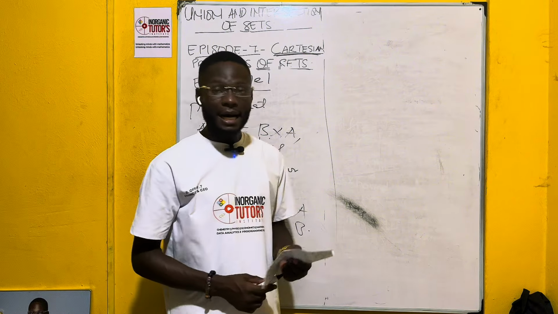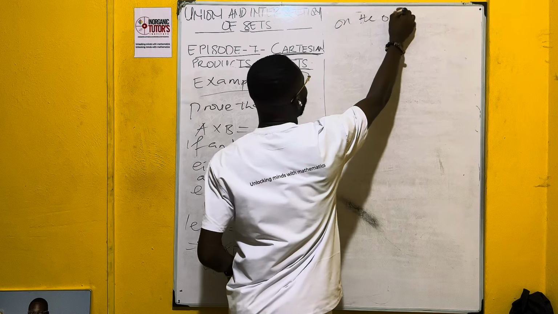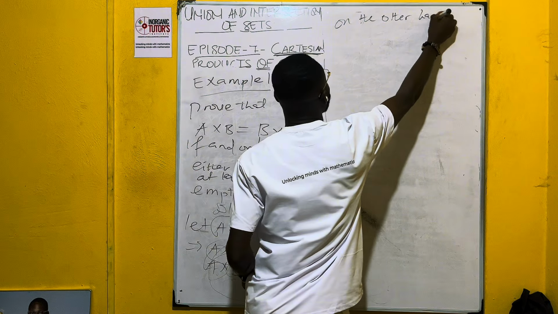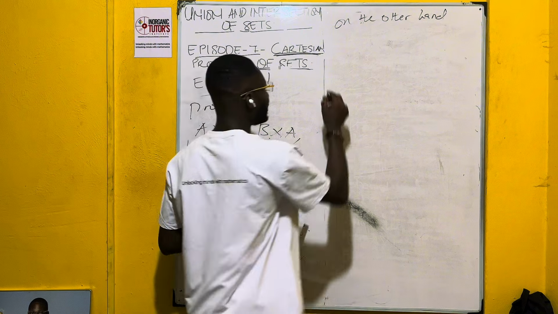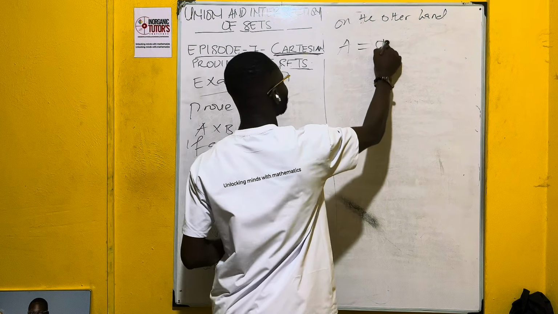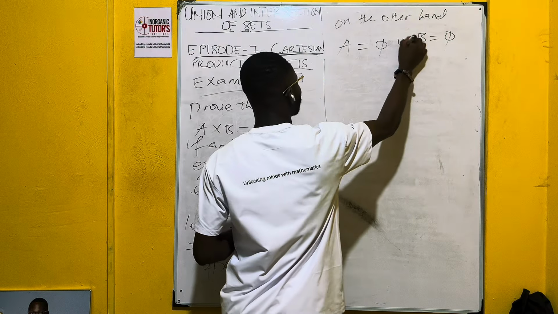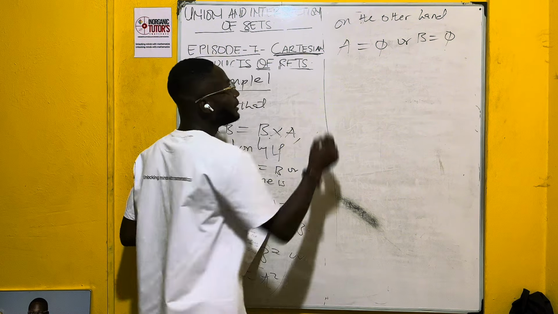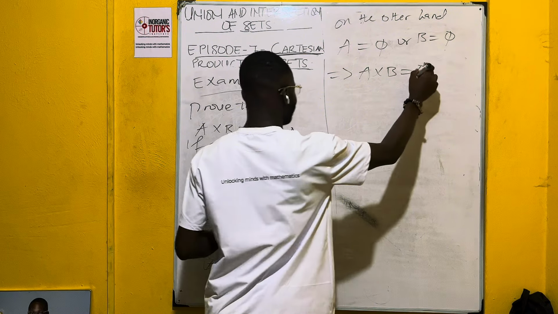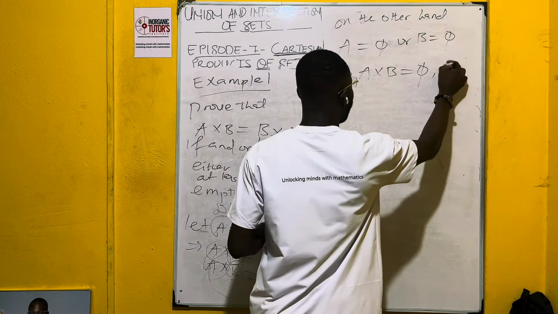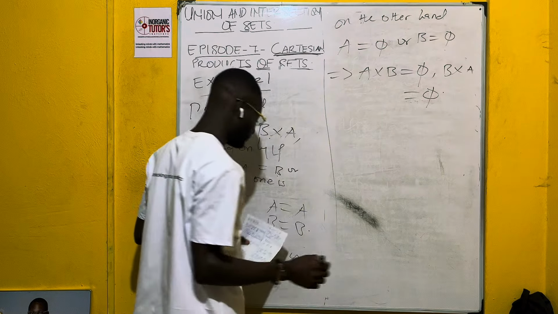Now, on the other hand, we say that A is an empty set or B is an empty set. Then this implies that A cross B is an empty set, or B cross A is also an empty set.